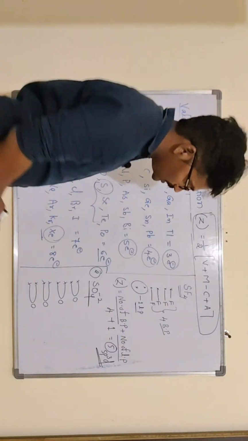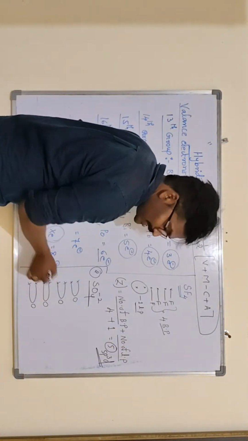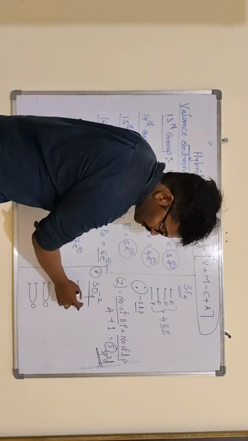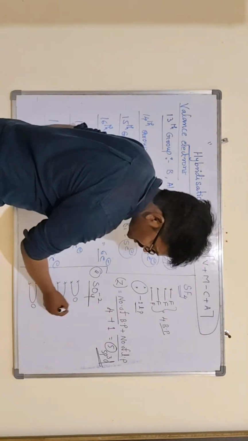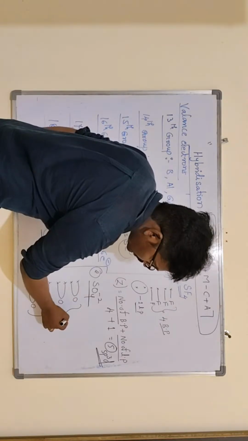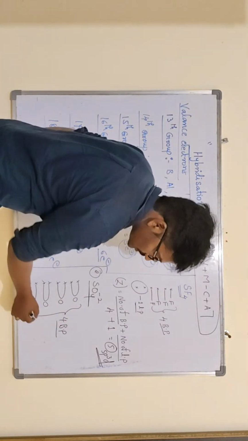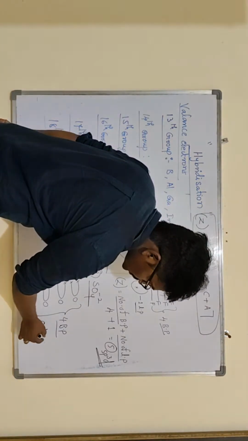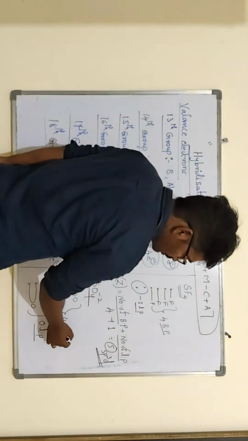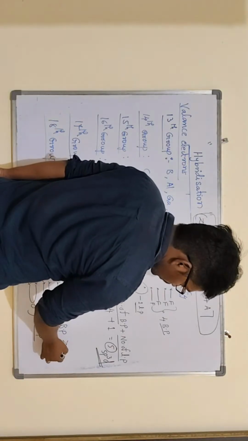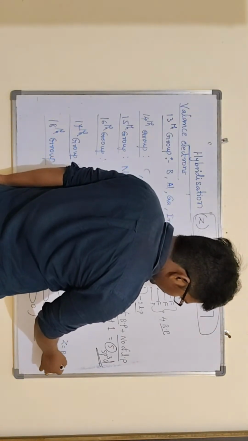Whatever it may be, in the 2 bonds, one is sigma, one is pi, right? Total bond pairs, total sigma bonds, how many are there? 4 bond pairs are there. Is there any lone pairs? 0 lone pairs. The Z value equals bond pairs plus lone pairs.